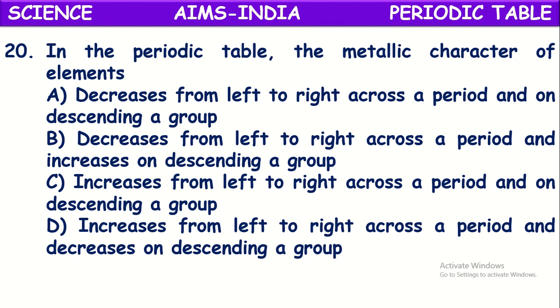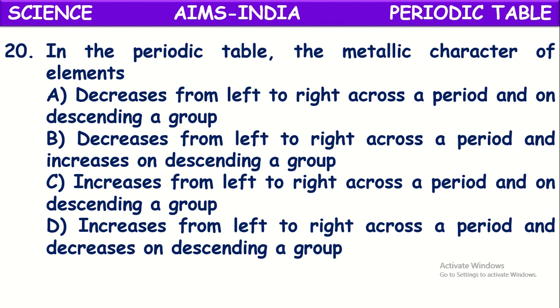So as atomic size increases, the tendency of losing electrons increases, thereby metallic character increases in a group from top to bottom. And it decreases in a period from left to right because size decreases. Tendency of accepting electrons increases but losing tendency decreases.